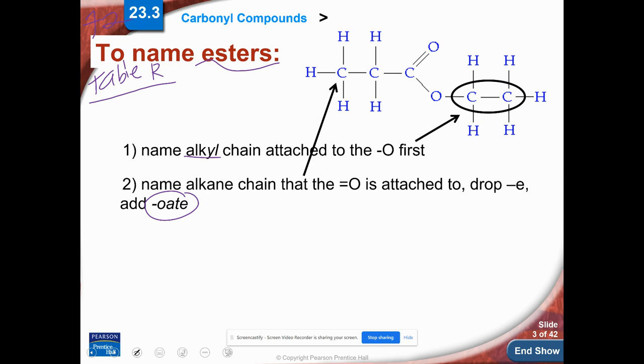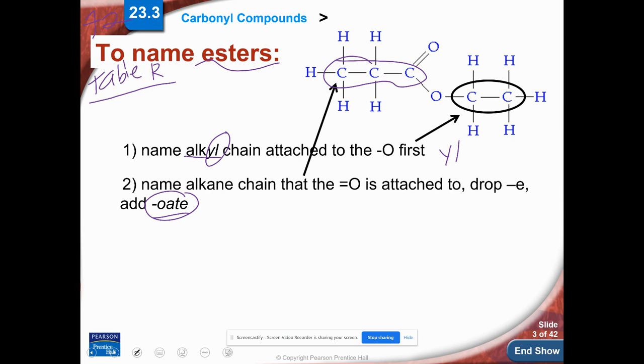That's our carbon chain that we're going to count, and in this one there are 3 carbons. In this chain, there are 2 carbons. Notice that says YL, so we use a YL here, and we're going to have an ending of OATE here.